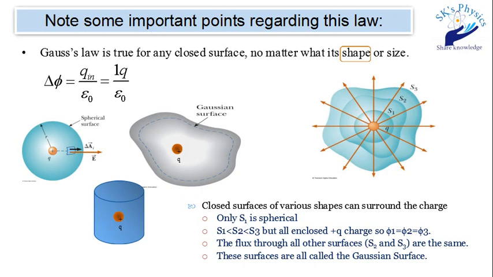You can see S1 is smaller than S2 and S2 is smaller than S3, but the flux of all the surfaces is the same because the enclosed charge is only one, that is plus q. So it does not matter what its shape or size.